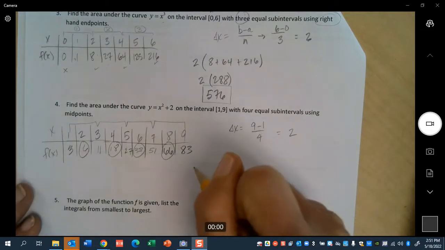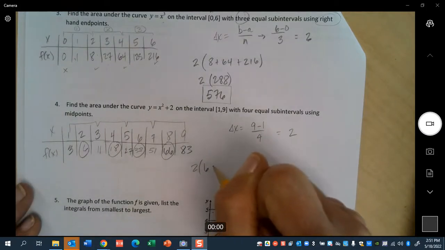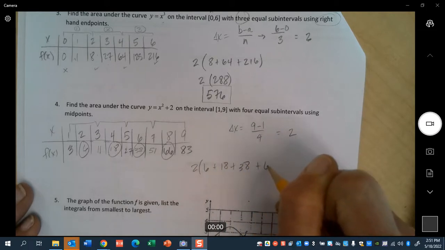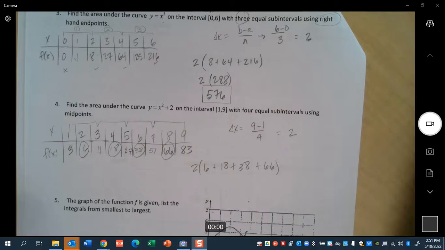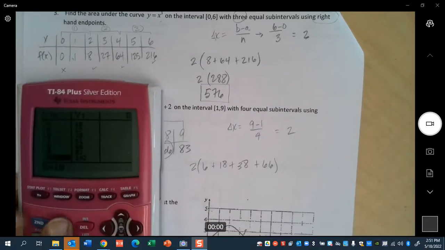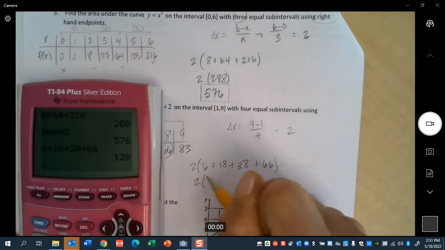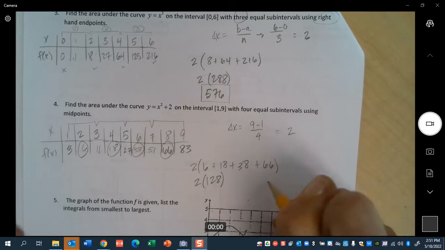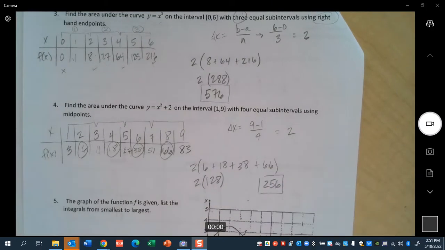Can I do it the fast way? Two times 128, 256. There you go.